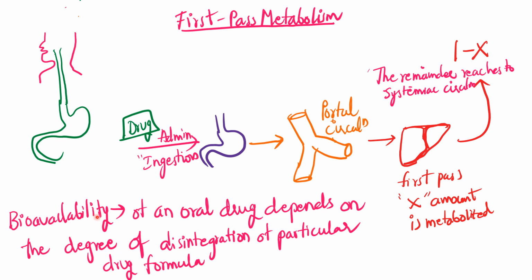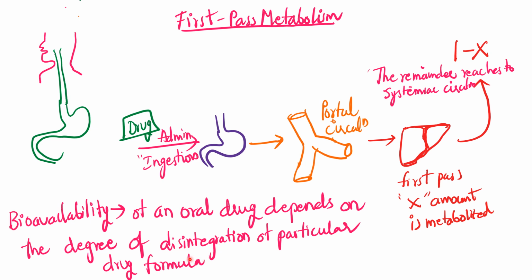Bioavailability refers to the amount of the drug that enters the systemic circulation, that is available to produce a therapeutic effect. The bioavailability of the oral drug depends upon several factors including disintegration of the drug formulation.